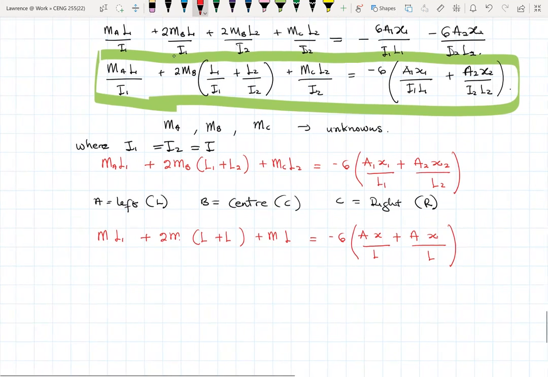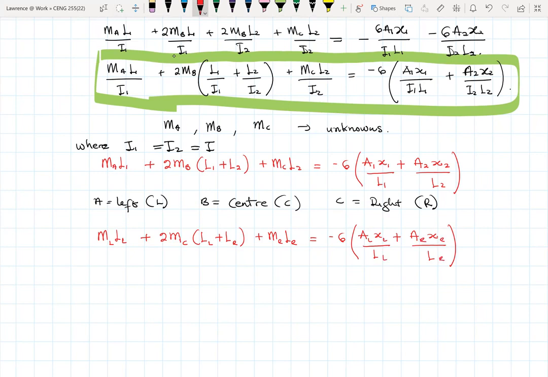So maybe you can have M left plus M center, M right, L left, L right. Then A left, X left, A right, X right, and then L left, L right. Yeah, this is a bit funny for me.